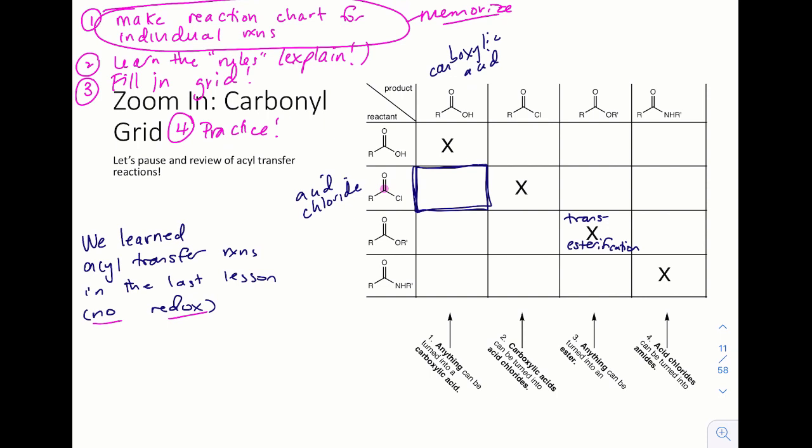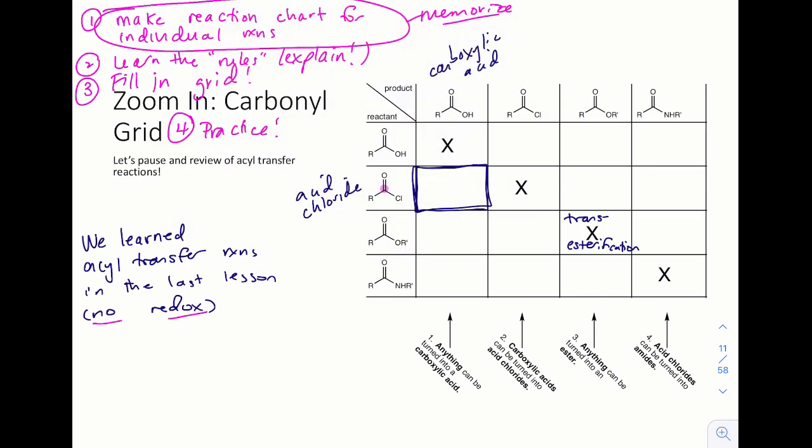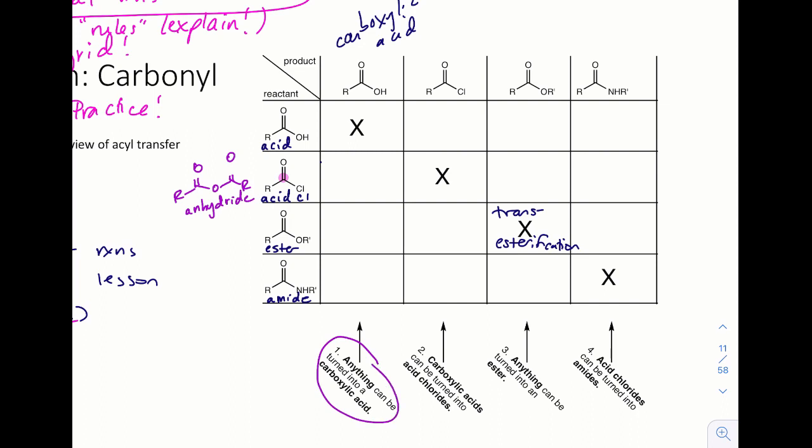So let's review what's behind the rules. Anything, acid chloride, ester, amide, and even anhydrides, which are not represented on the grid but behave like acid chlorides, can be turned into carboxylic acids. If we wanted to explain this rule, it is because carboxylic acids are the least reactive acid derivative.